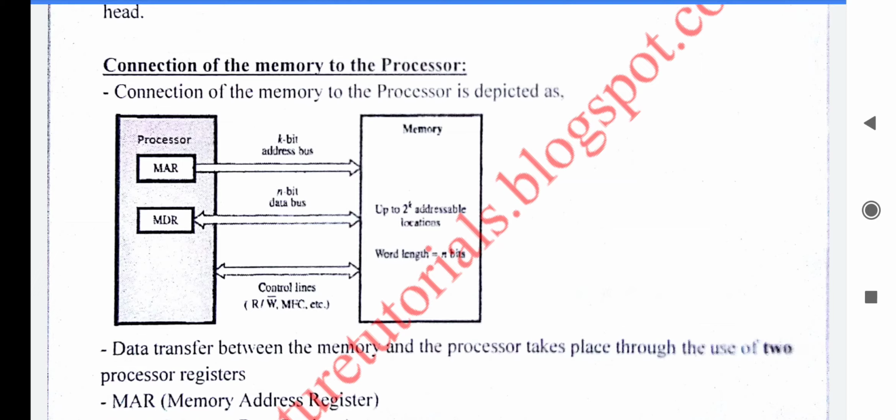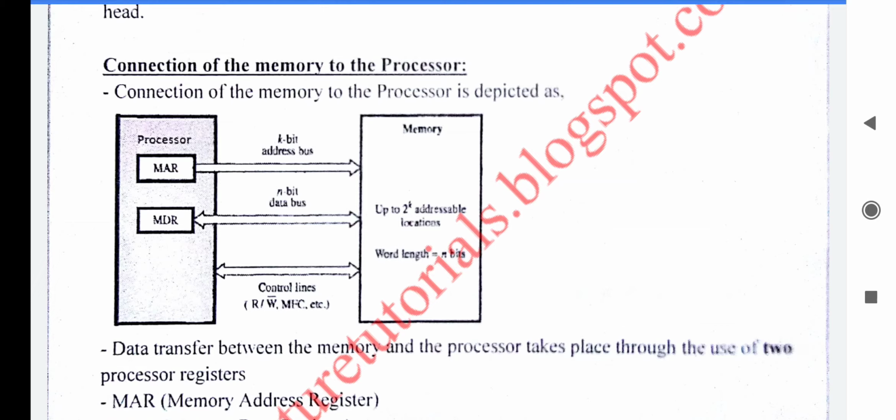You observe here, the connection of the memory to the processor looks like this. Here is memory which contains up to 2 to the power of n addressable locations and word length up to n bits. Here is the processor which contains two registers, MAR and MDR, that is memory address register and memory data register.